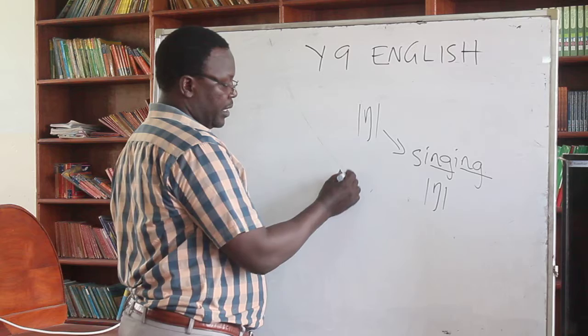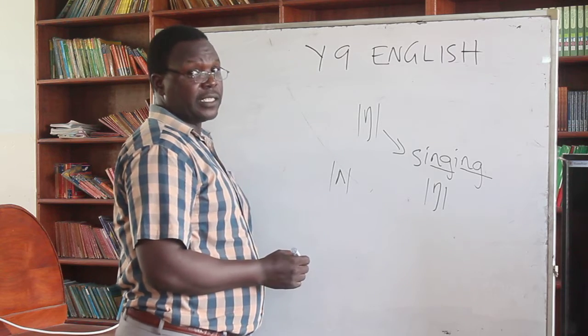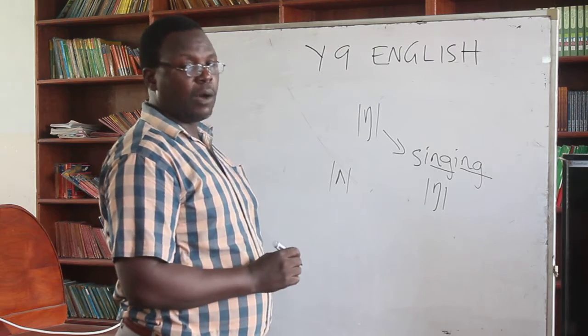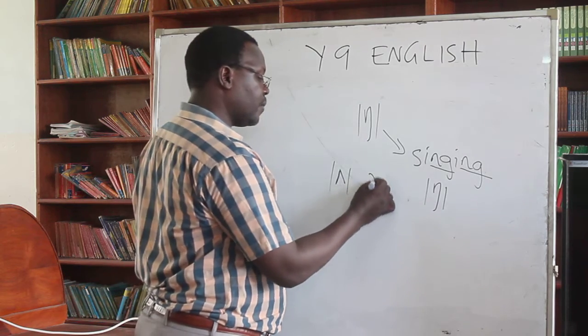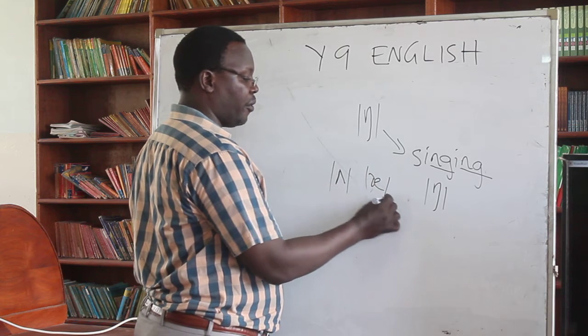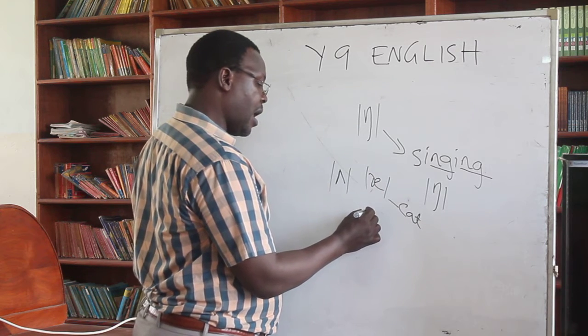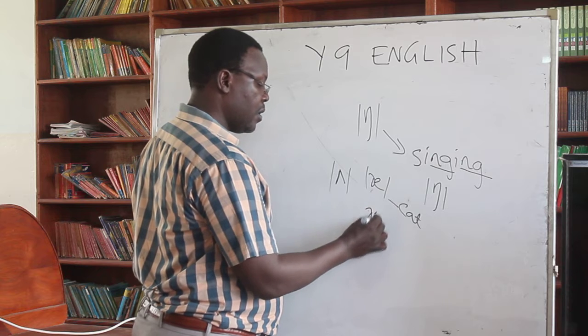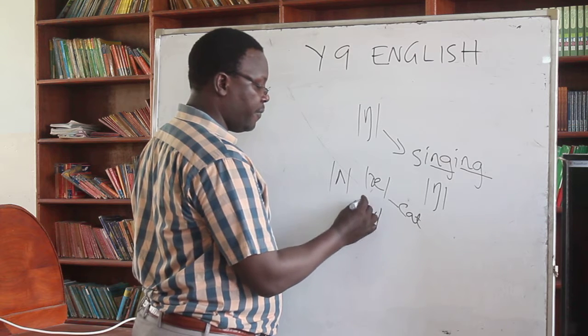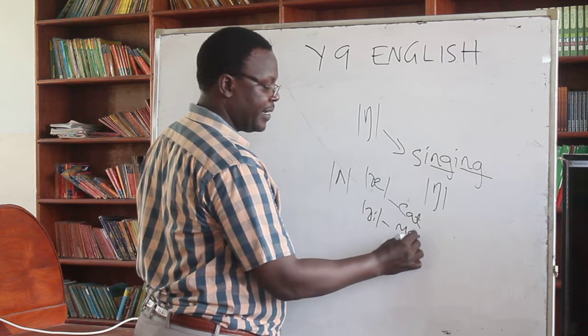Then on the same note we have this vowel sound. That vowel sound there is the shortest sound. We have this sound for cat. We have also a long vowel for words like mat.